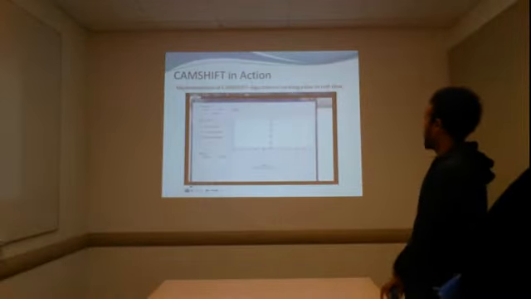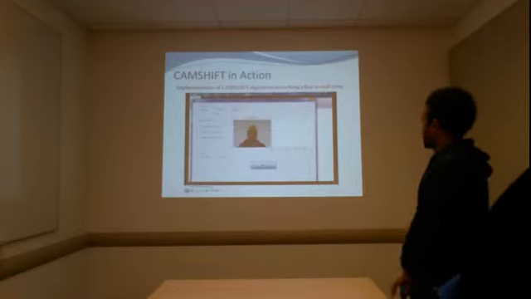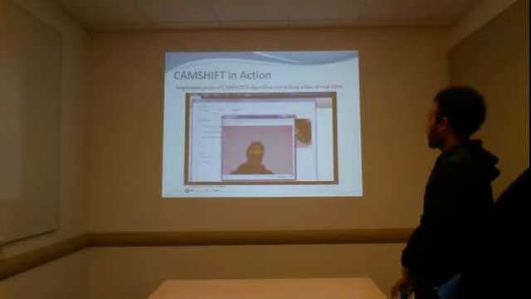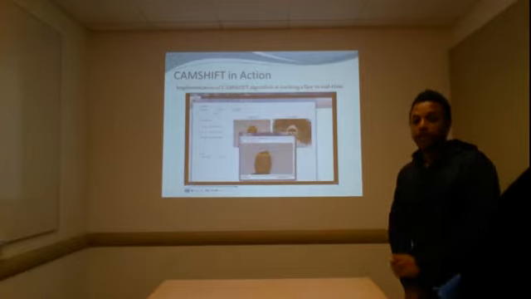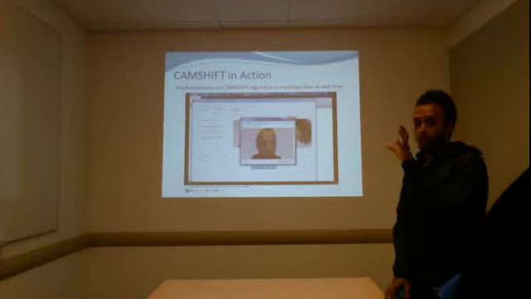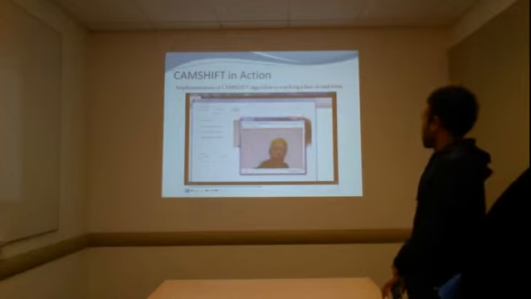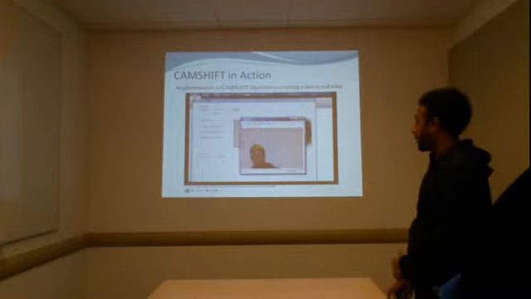So let's take a look at the CamShift algorithm in action. There is a face detected, there's a silhouette on the right hand side, and if you notice, it started on my nose initially. That's part of the programming. I used the nose part to try to keep track of the face. However, as it goes along, you notice it started focusing more along my forehead.